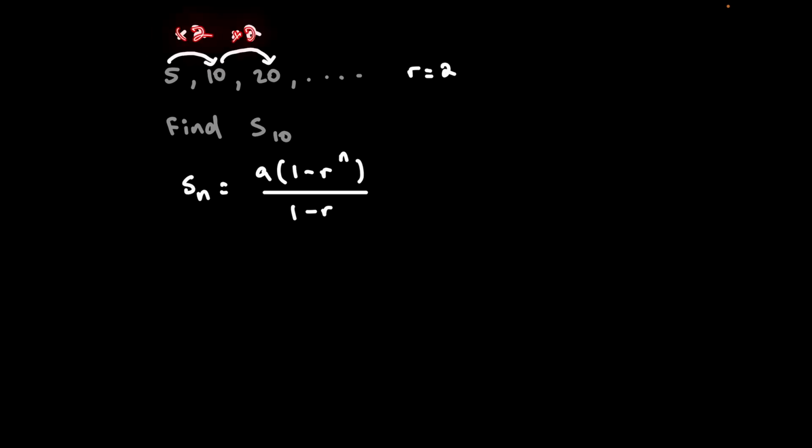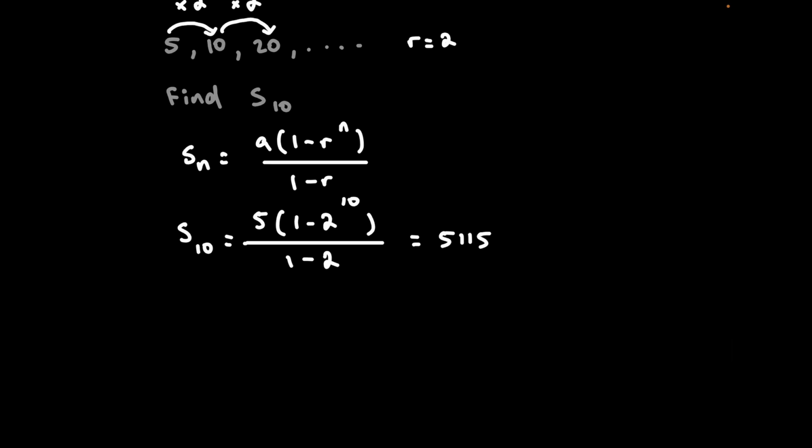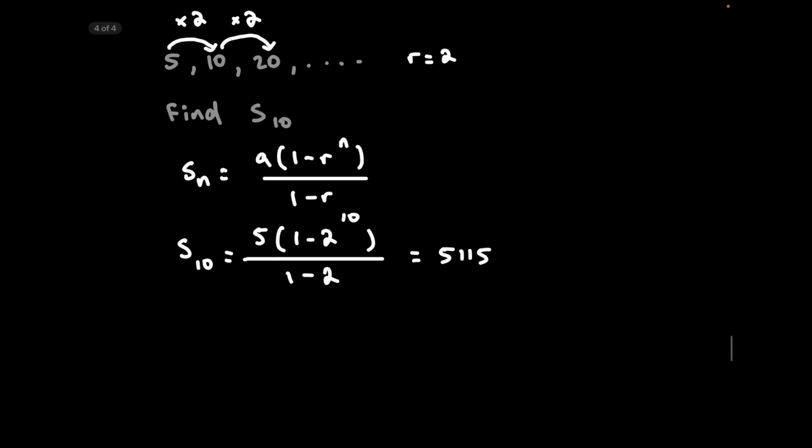So this is going to be the first term, which is 5, times 1 minus 2 to the power of 10, because we're trying to work out S10, all divided by 1 minus 2. And if we put this into our calculator, we get 5,115. So this is the summation of the first 10 terms in this sequence.